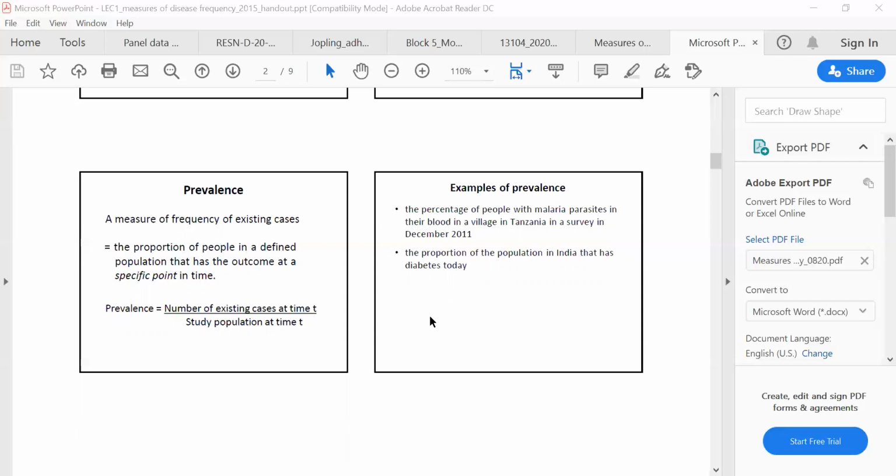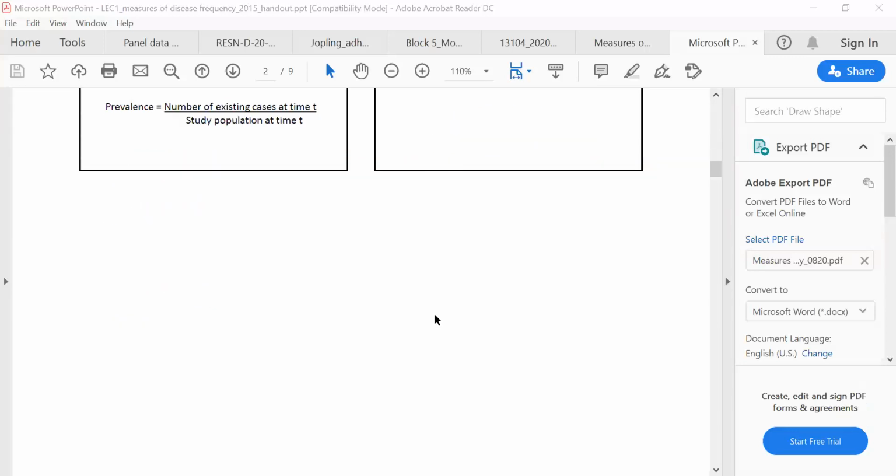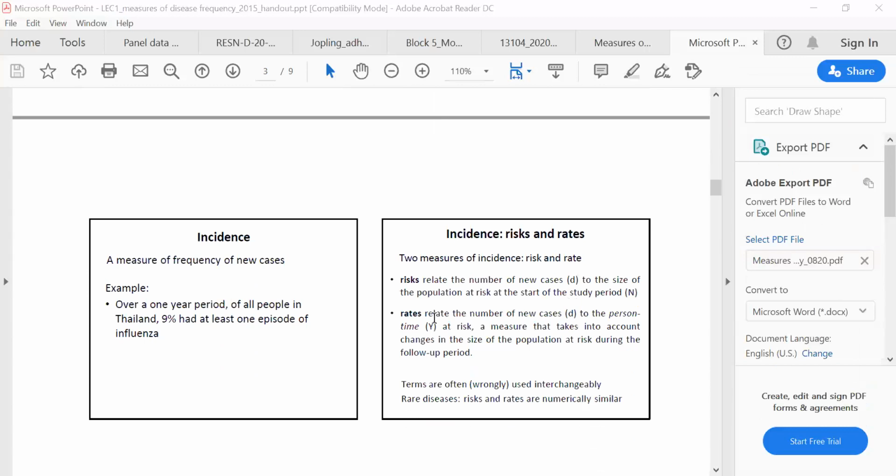So the prevalence of HIV in such a class will be 10, those who are positive, over the whole population of the class, which is 20. So we get a prevalence of 50%. So the number of cases at a time over the population at that time gives us the prevalence.